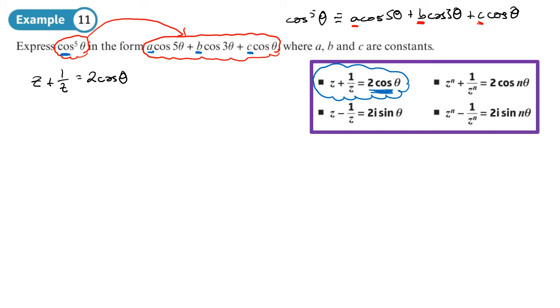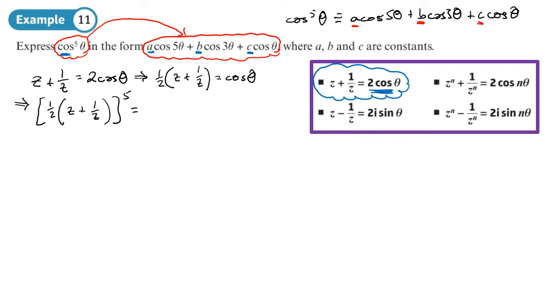If I divide both sides by 2, I'll get half of z plus 1 over z equals cos theta. Now I'm going to raise both sides to the power 5. So half of z plus 1 over z, to the power 5. I suppose I should use an identity sign.